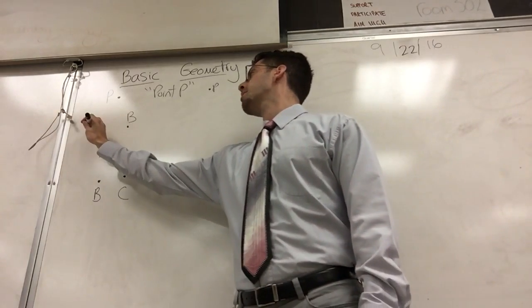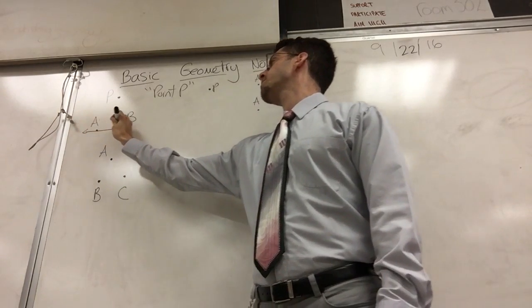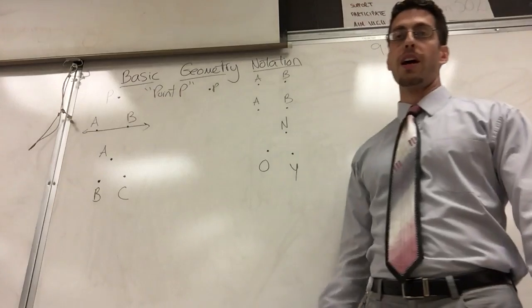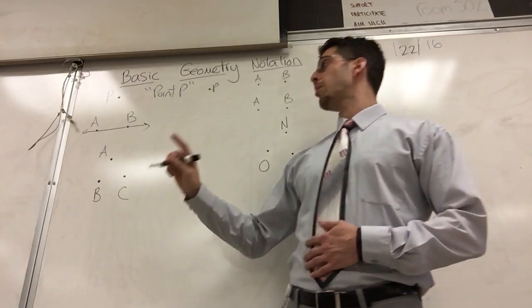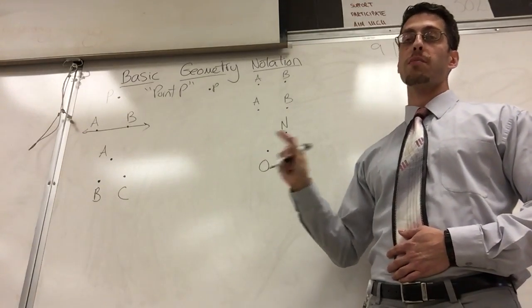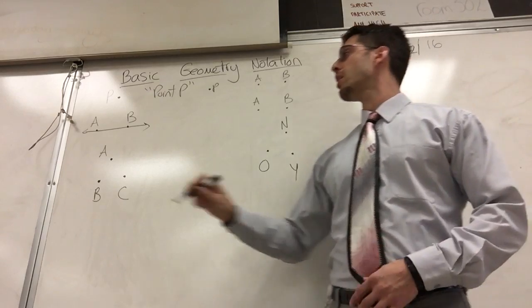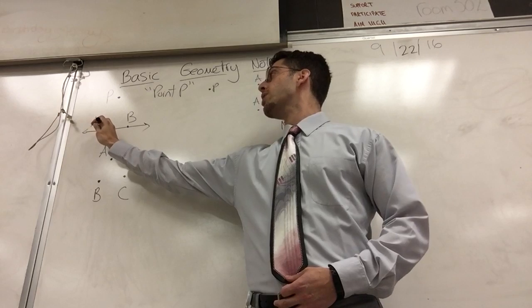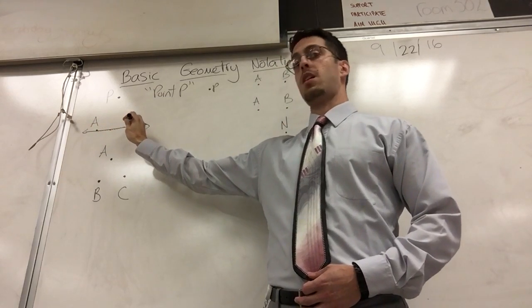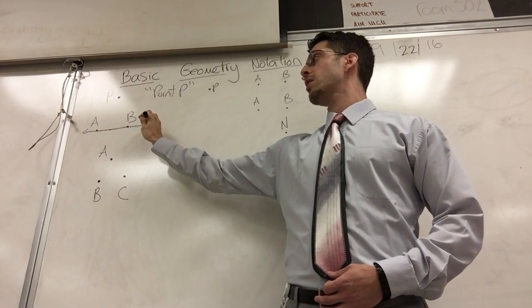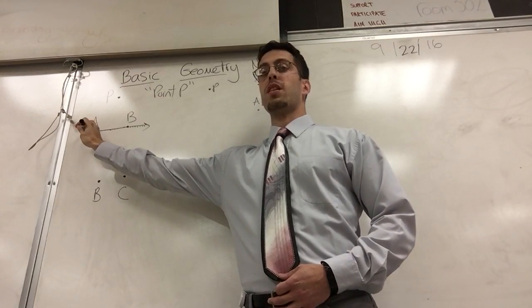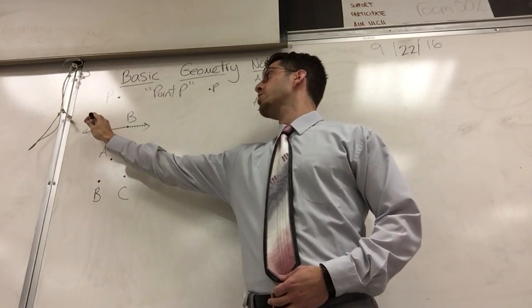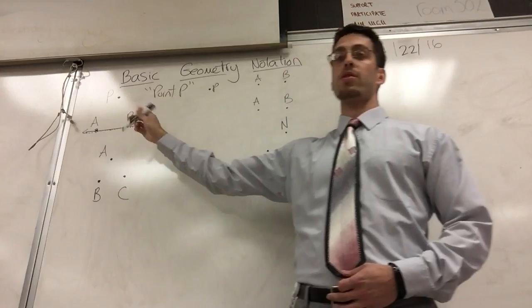What can I do with 2 points? I can connect them. And now I have a line. What you didn't see because I was too fast, maybe if you slow down the video, is that when I'm connecting 2 points, I'm actually drawing an infinite amount of points. So don't think just because you see A and B labeled there's only 2 points on a line.